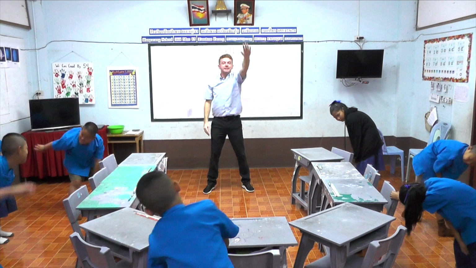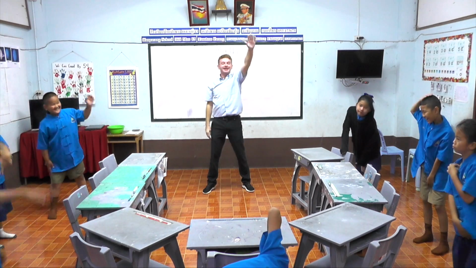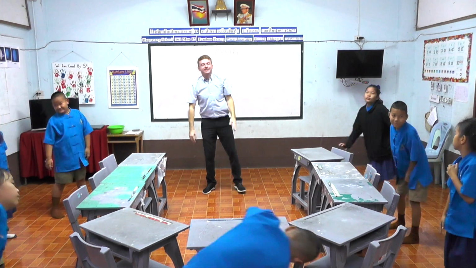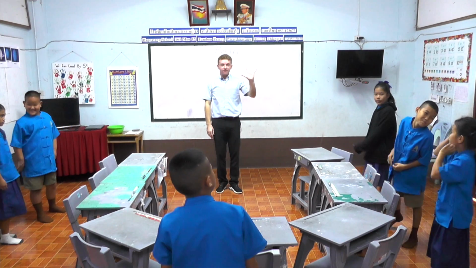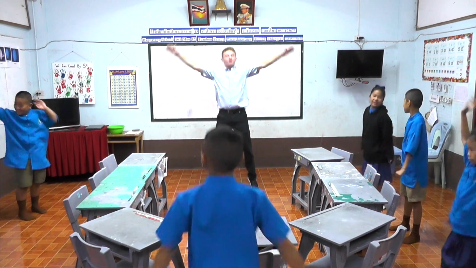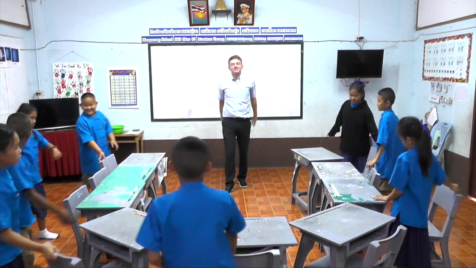Left hand, right foot. Right hand, left foot. Left hand, right foot. Excellent. And to finish, we can do 5 star jumps. 1, 2, 3, 4, 5. Excellent, guys. Have a seat.